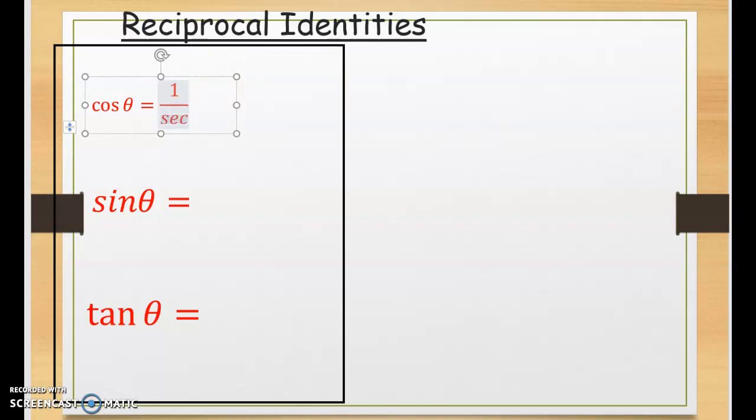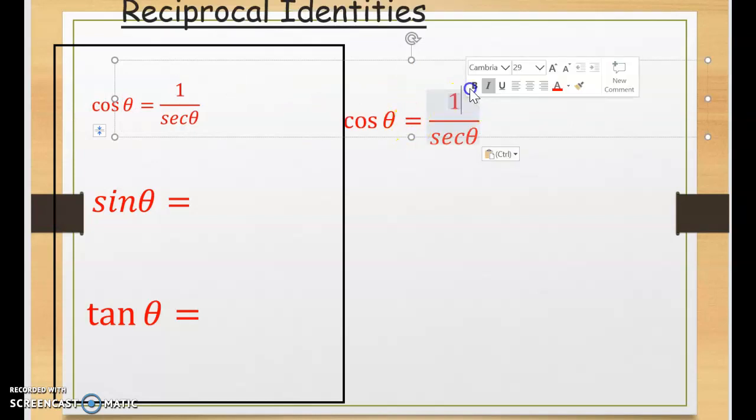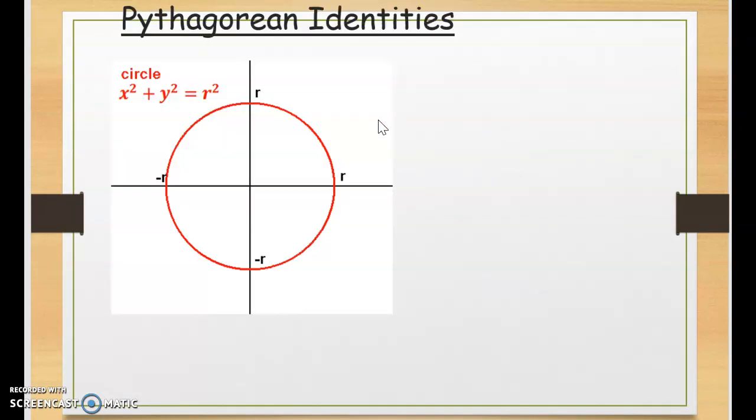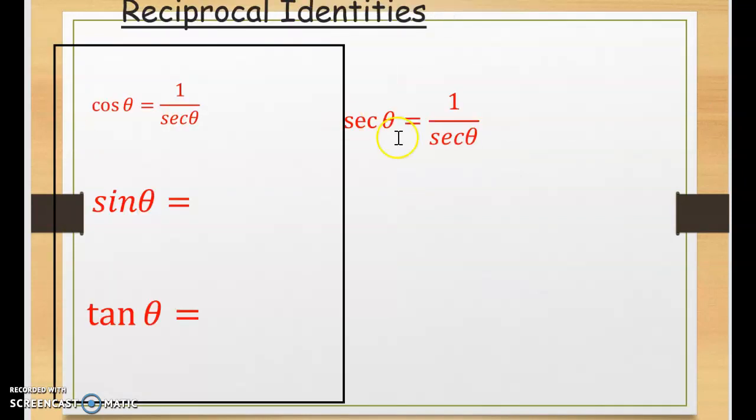So cosine theta equals 1 over secant theta. That's the reciprocal identity, which by extension should also mean that I can change this to secant theta, which should equal 1 over cosine theta. Because again, the relationship between the two functions is that they are reciprocals of each other.